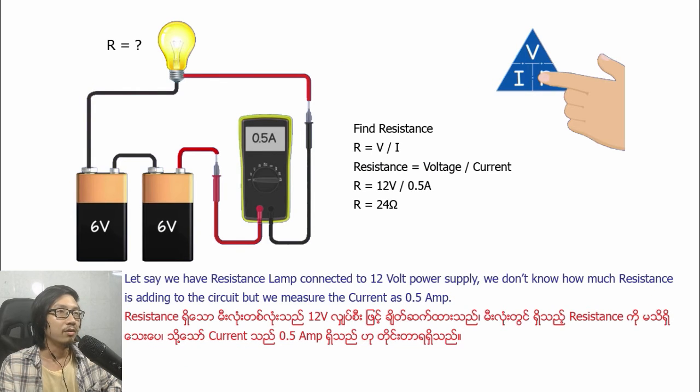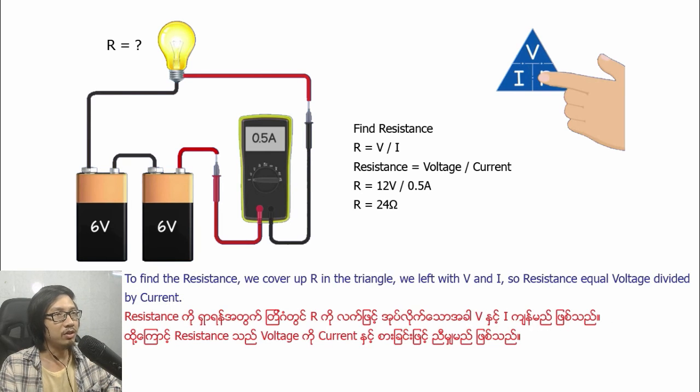Let's say we have a resistor lamp connected to a 12 volt power supply. We don't know how much resistance is added to the circuit, but we measure the current as 0.5 ampere. To find the resistance, we cover up R in the triangle.